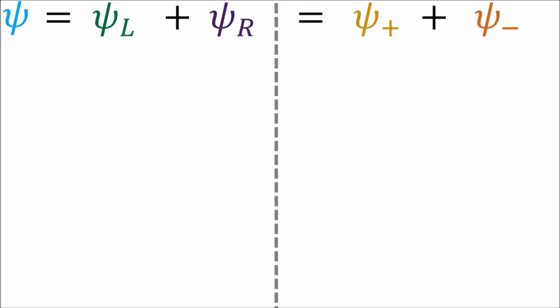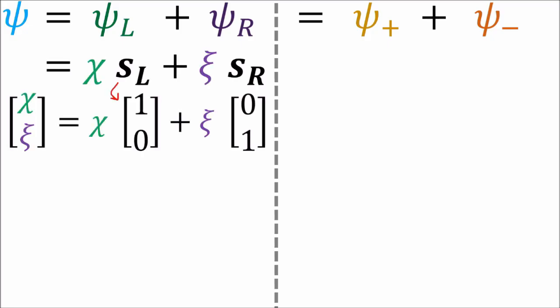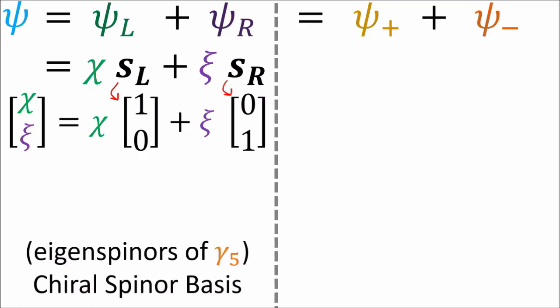So given a Dirac spinor psi, we can either break it up into left and right halves, or plus and minus halves. The left-right decomposition can be thought of as a linear combination of these two basis spinors, which are eigenspinors of gamma 5. This is the chiral basis.